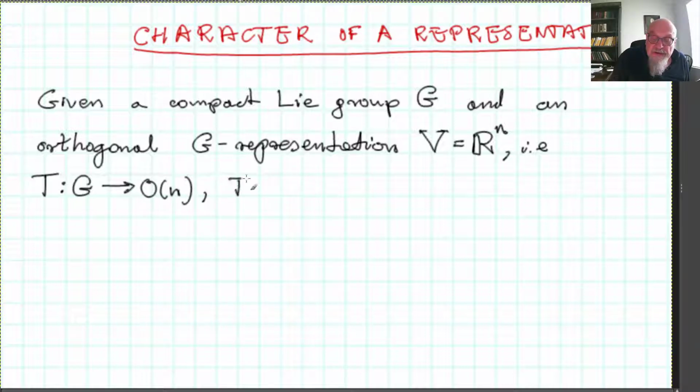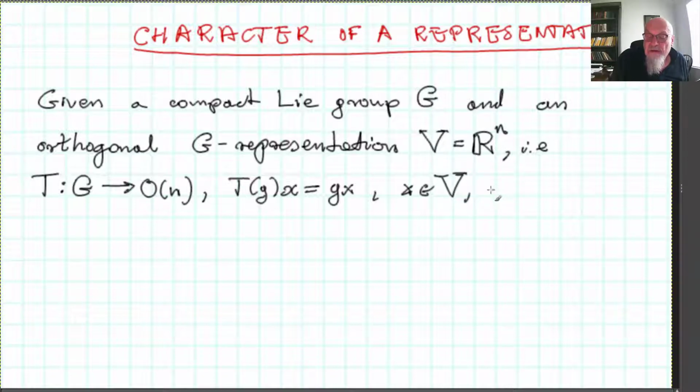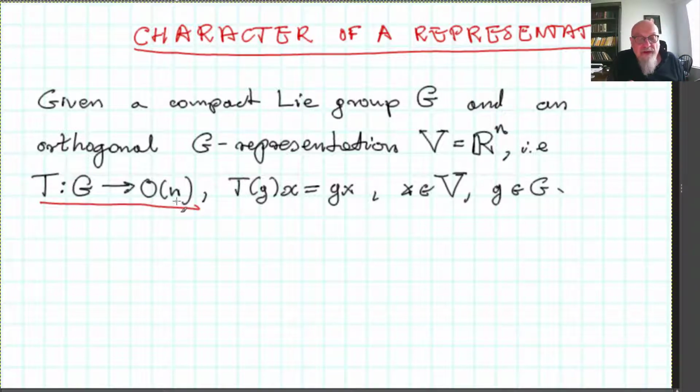By the definition, G applied on a vector x in V will be simply Gx, where x belongs to V, and of course G belongs to G. This homomorphism is basically the way to describe the action of G on this R^n. So in such a case we can define something which will be called the character of this representation V.